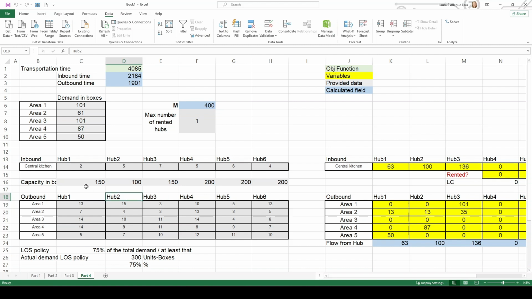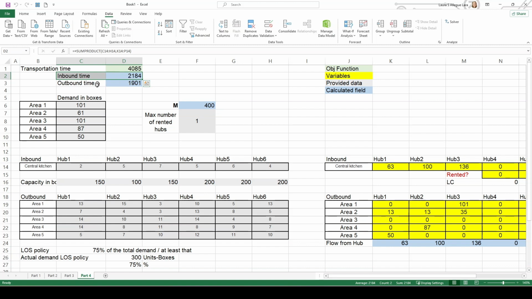But if you check possibly the flows from hub 1, 2, and 3, there may have been a change. And we also need to see if it changed only on the outbound, because that's where we added the constraint, but also did it change on the inbound? Because remember that any units flowing out of a hub should have been an inflow at the very first time. So if anything changed in the outbound flow, did it also adjust the inbound flow?